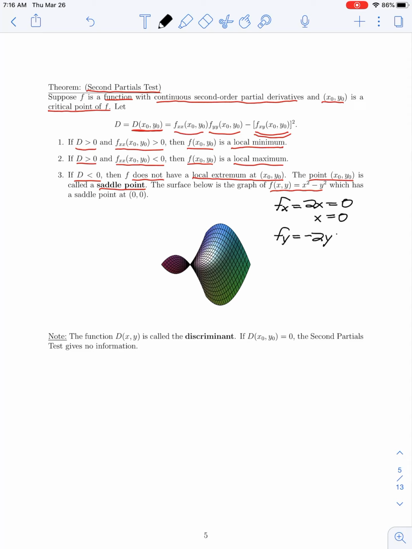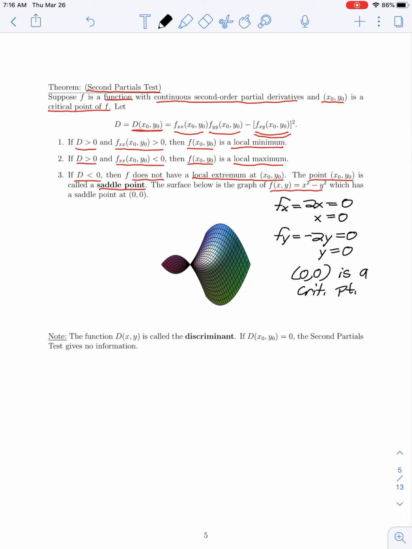If we set that equal to 0, then x is 0. And our partial with respect to y would be negative 2y. If we set that to 0, y is 0. So we have that the point 0, 0 is a critical point.